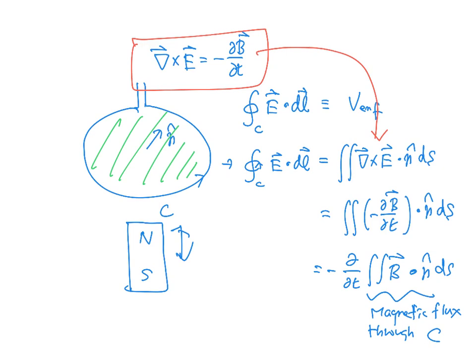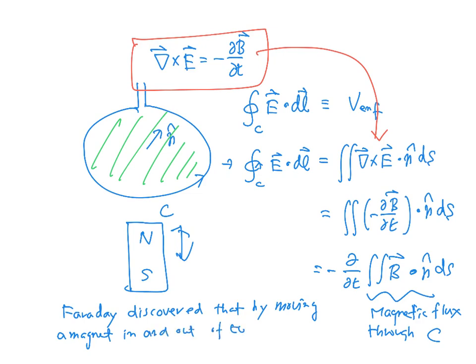So Faraday discovered that by moving a magnet in and out of the closed metallic ring, a voltage is induced at the end.